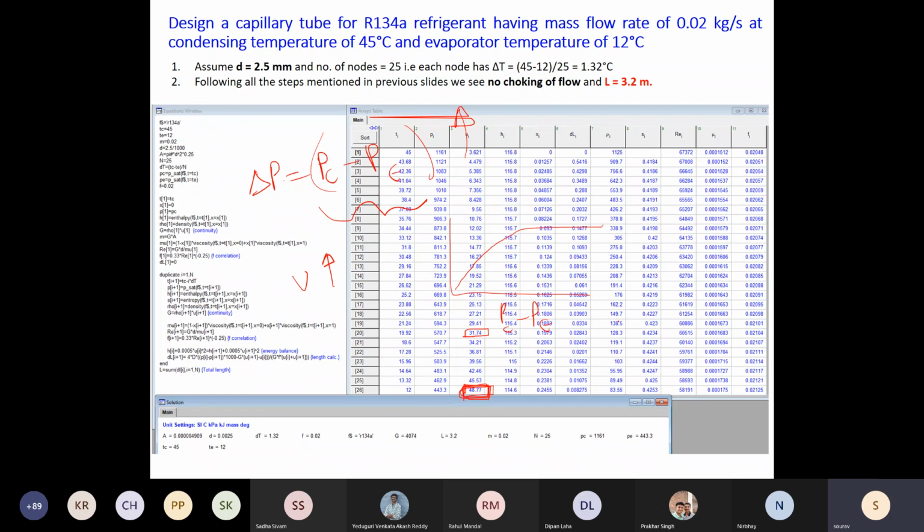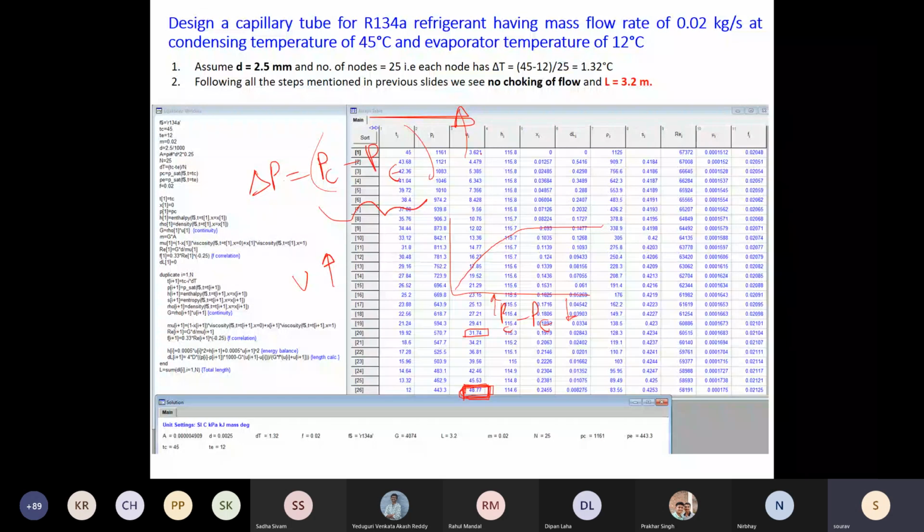Now a further increase in PC minus PE, so it could be an increase in PC or a decrease in PE, whatever way you achieve it, is not going to change the velocities and hence the mass flow rate provided by your capillary. Okay, so then that capillary tube is said to be in the choked condition. So this is the characteristic of the mass flow rate provided by your capillary tube.